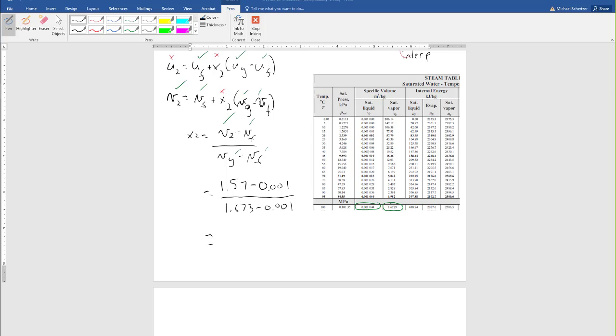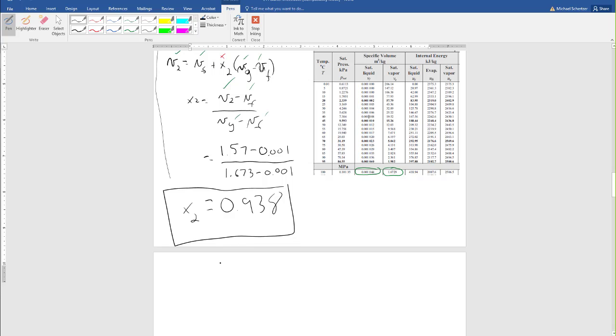Here, I'll just work it out on my calculator. I got 0.938. That to me seems close anyway, because we're certainly most of the way to vapor. So this is X2 equals 0.938.